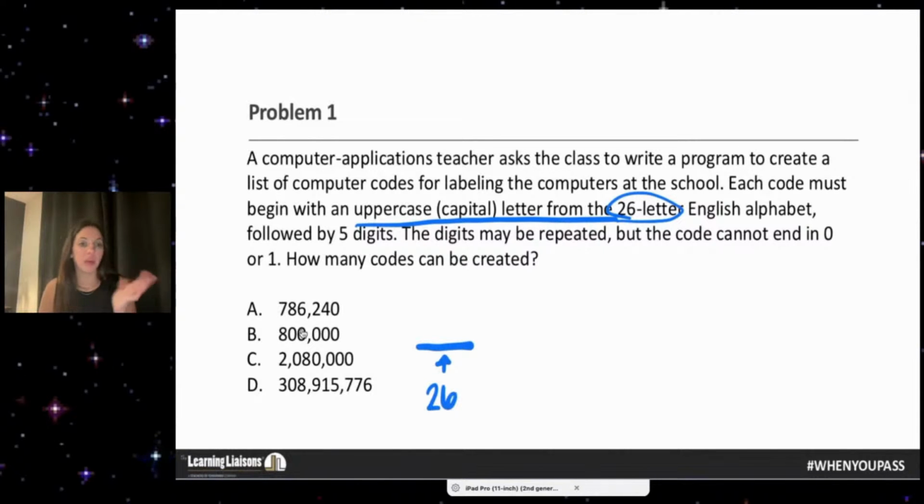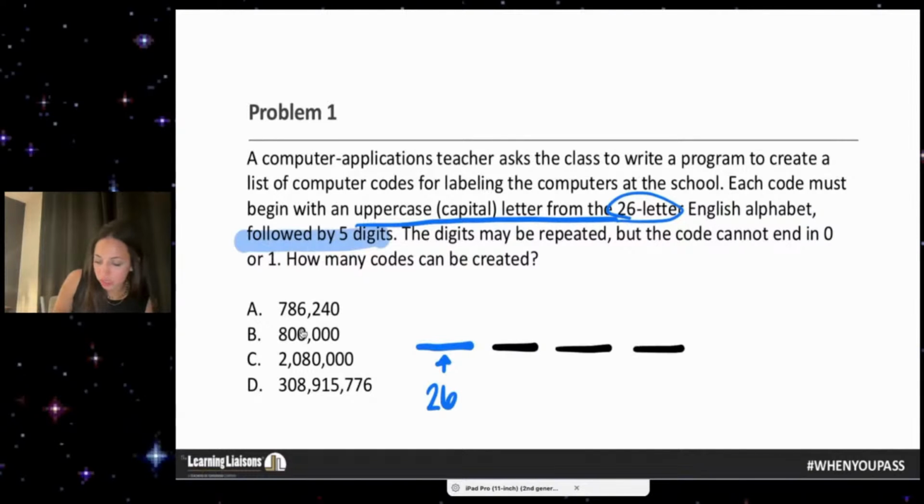I could put a capital A, capital B, capital C, capital D, E, F, G, H, I, J, K, L, M, N, O, P, all the way to Z. Then it says it is followed by 5 digits. So I have 1, 2, 3, 4, 5 digits that follow that capital letter. And the digits may be repeated.